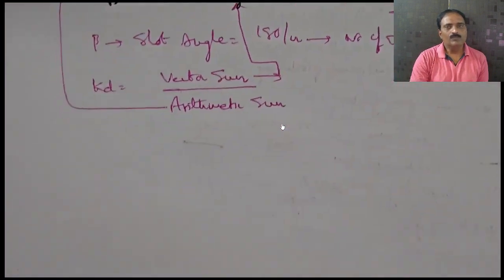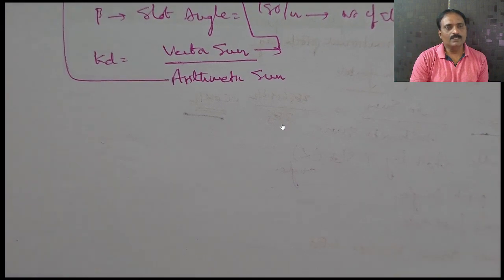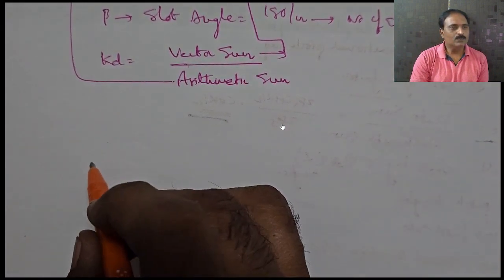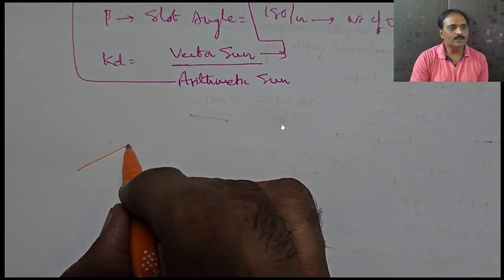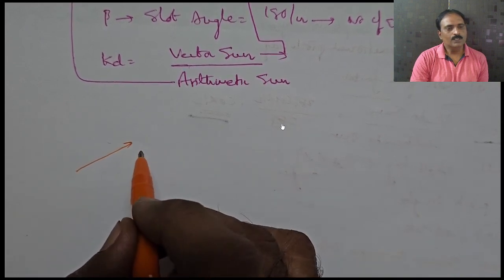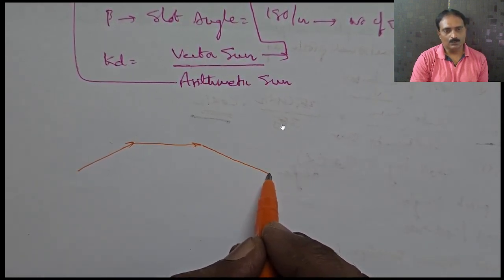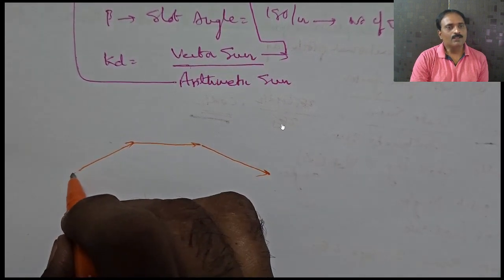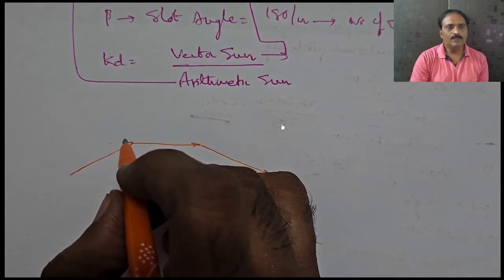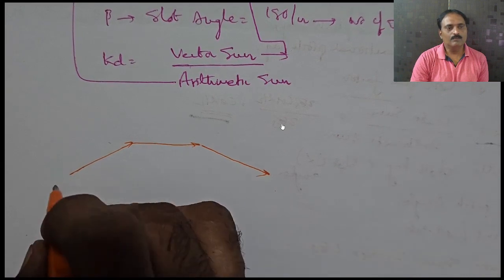In order to derive the formula for phase spread factor, I consider here 3 induced EMFs as shown here. So this is the first one, this is the second one, and this is the third one. And each is going to differ by an angle of beta, because beta is the slot angle.